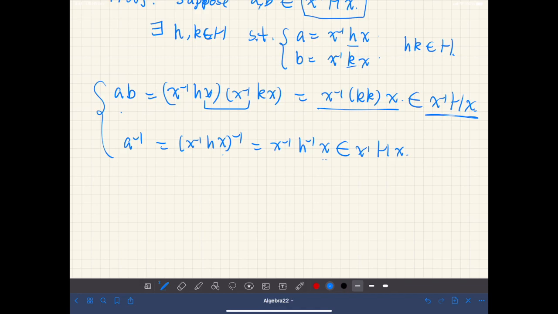So according to the subgroup criterion, therefore X inverse H X is a subgroup of G. And we are done.